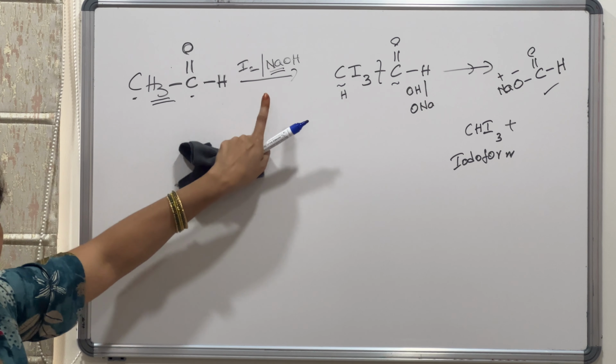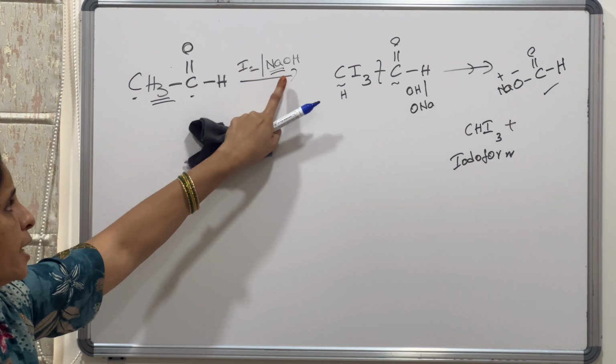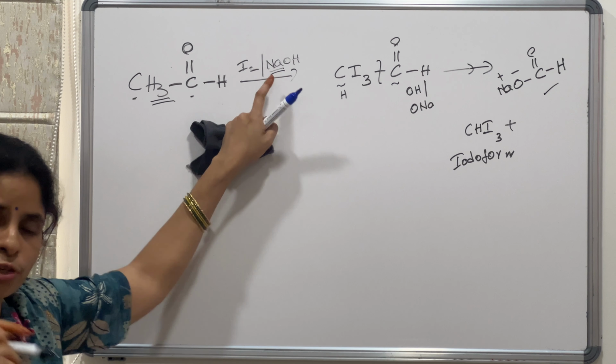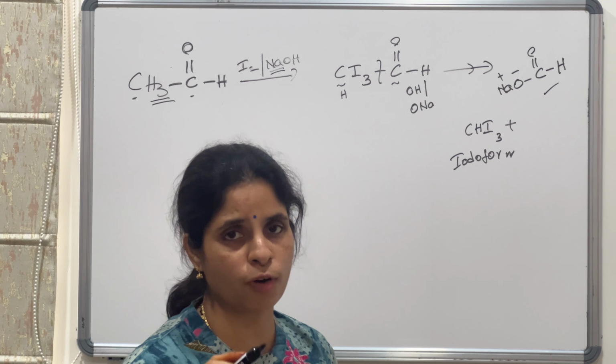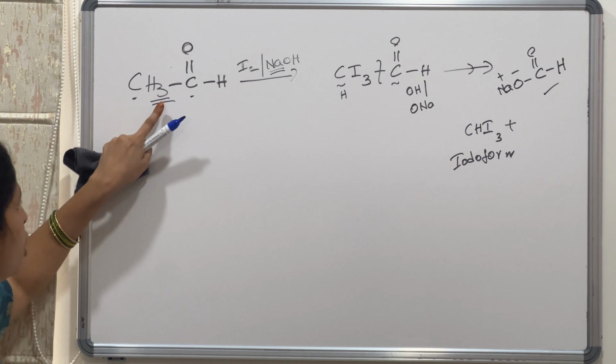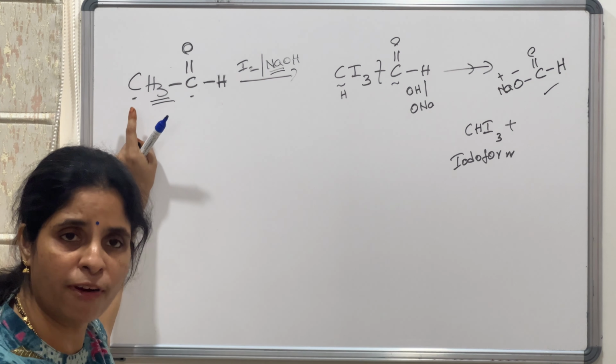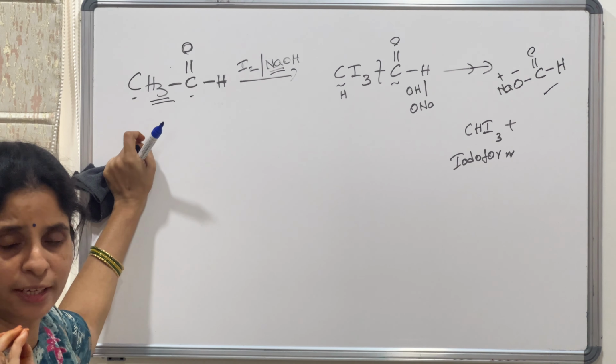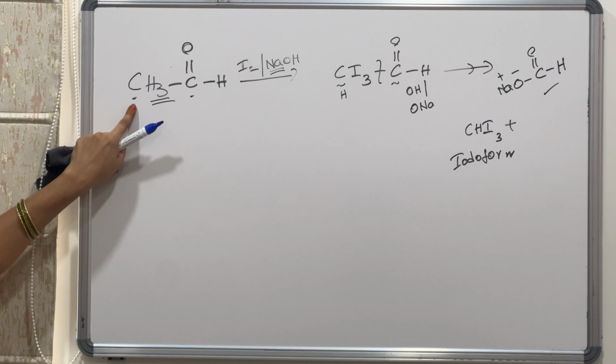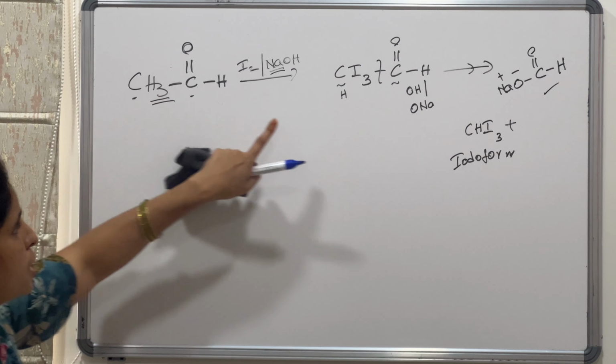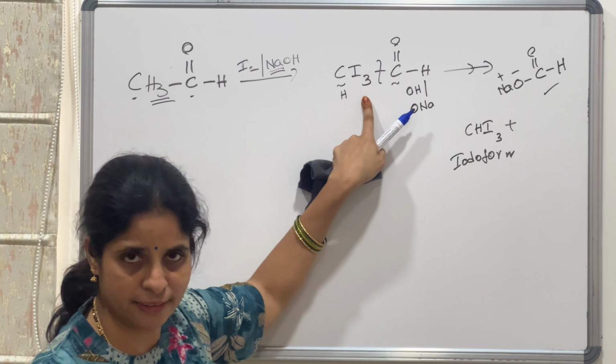If you are given iodine and NaOH, you should recognize it is a haloform reaction. Here, the 3 alpha hydrogens, instead of those hydrogens you place CI3.